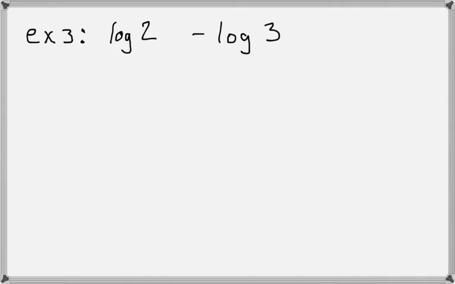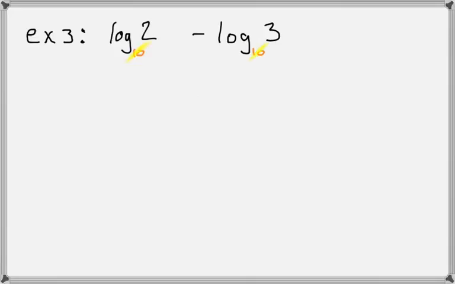In this example, we have log 2 minus log 3. If there is no base listed, your base is assumed to be a 10. That is your normal log. So if you want, we can go ahead and write that in. Now, we can check, are they the same? Well, it's 10 and 10, so yeah, it's the same.